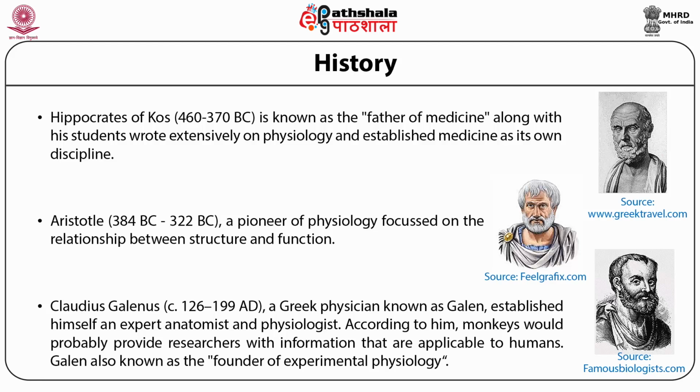According to him, monkeys who walked on two legs would probably provide researchers with information that can be applicable to human beings. Galen, who is also known as the founder of experimental physiology, was the first to use experiments to probe the functions of the human body.